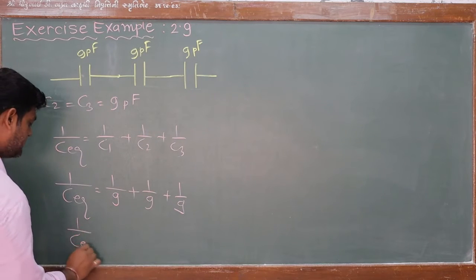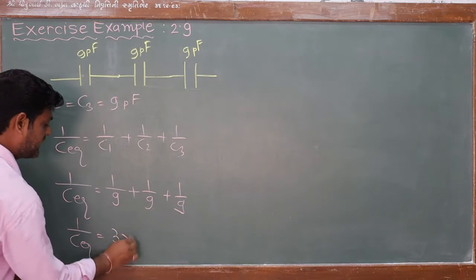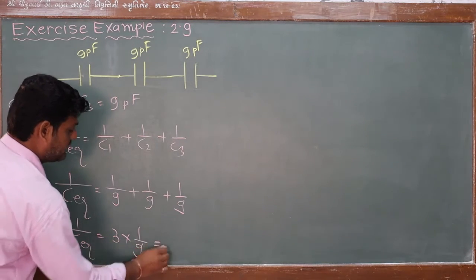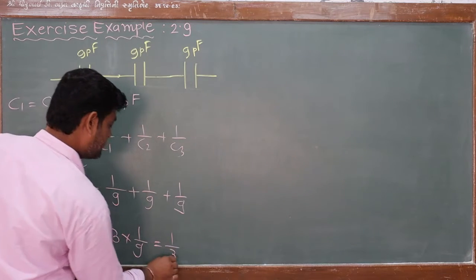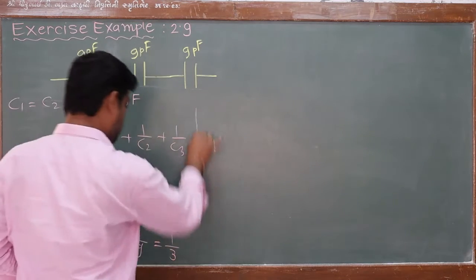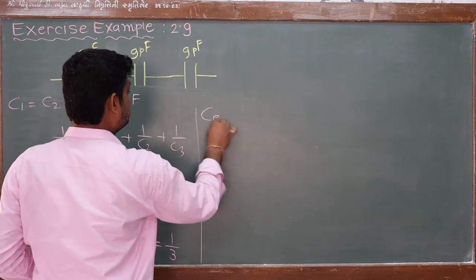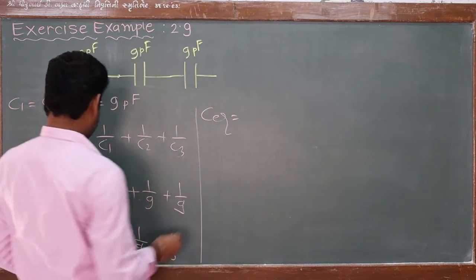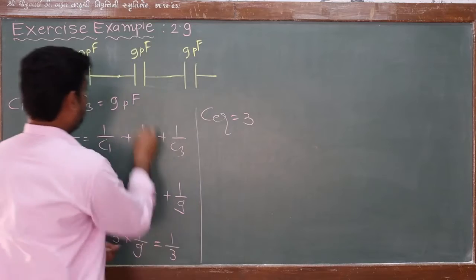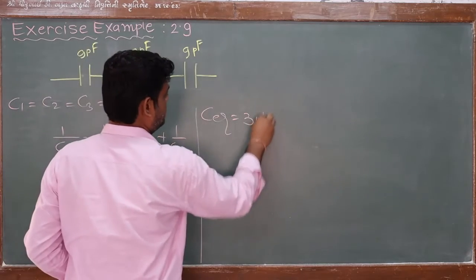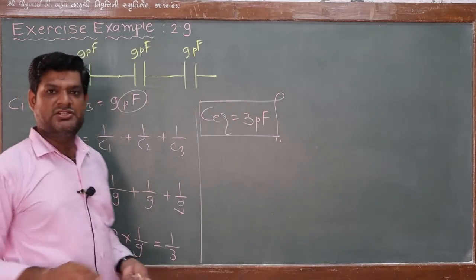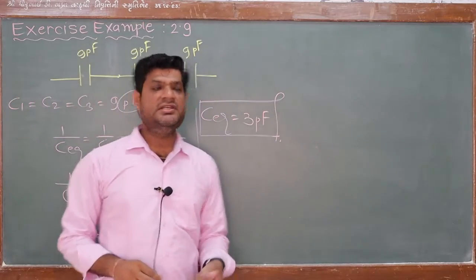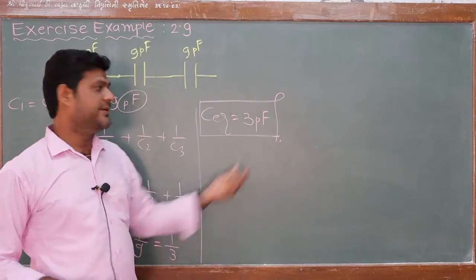So 1 by C equivalent equal to 3 times 1 by 9. 3 3s are 9, so you get 1 by 3. So C equivalent equal to 3 picofarad. That is your answer. The equivalent capacitance of this combination is 3 picofarad.